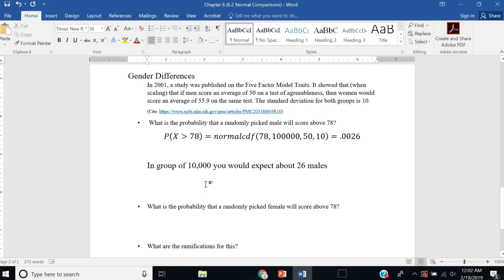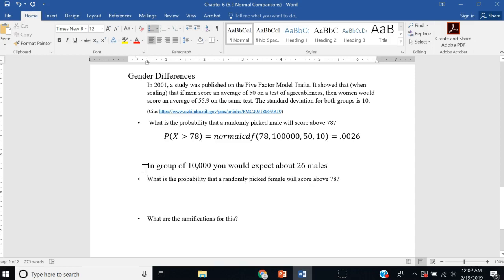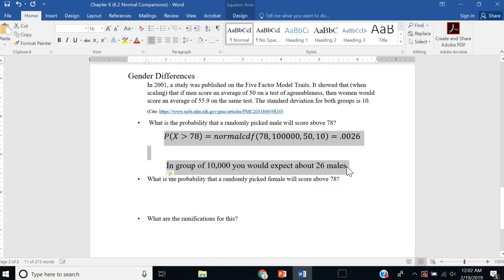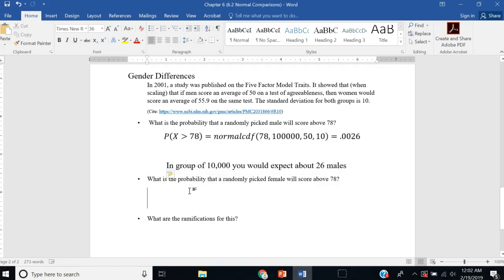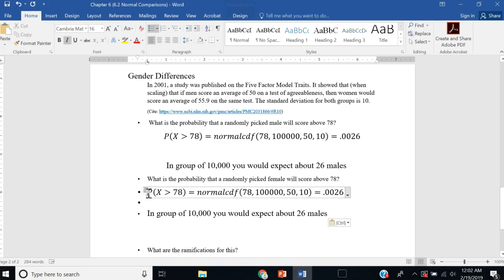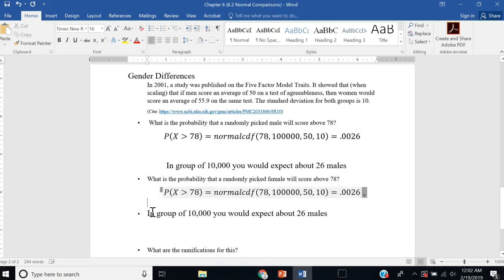Well, what if we did the same calculation for females? Not a whole lot's changing. Probability that a randomly picked female scores above 78. So normal CDF, 78, really big number.